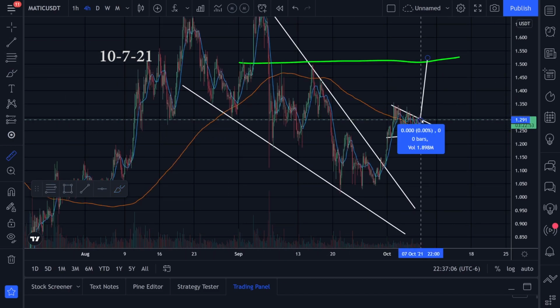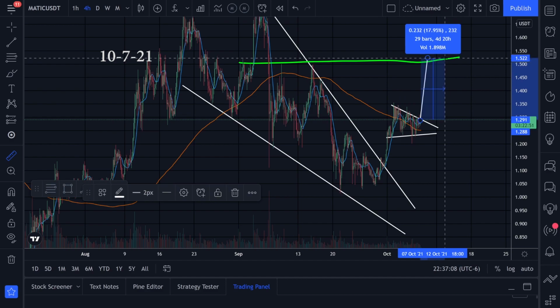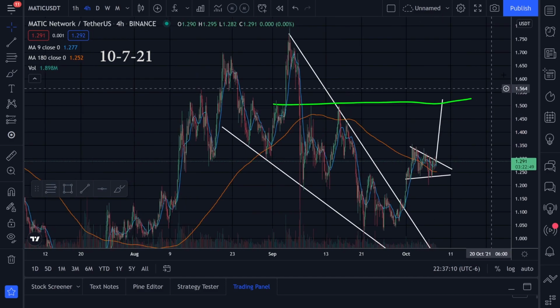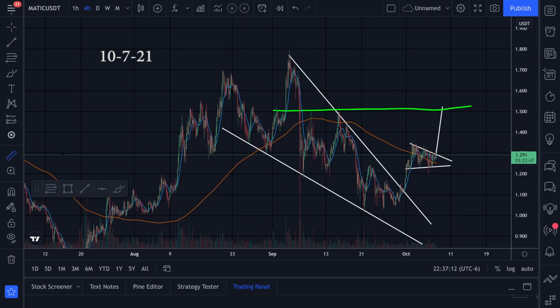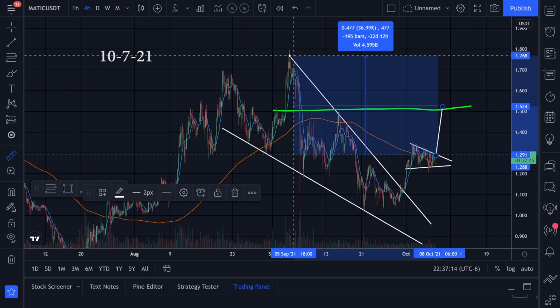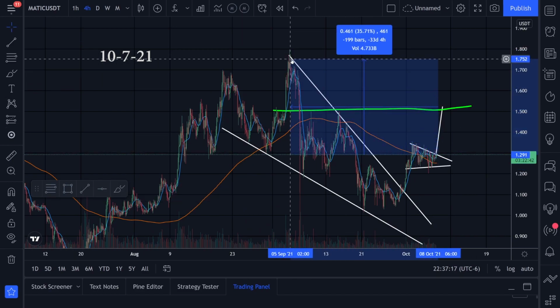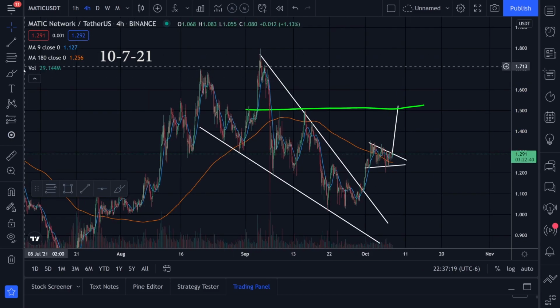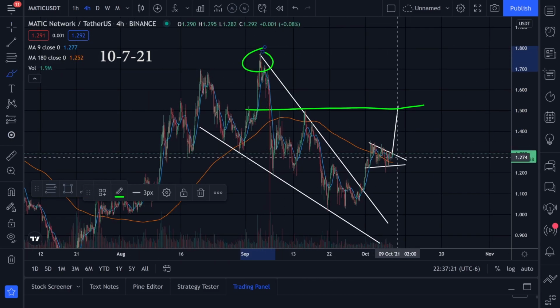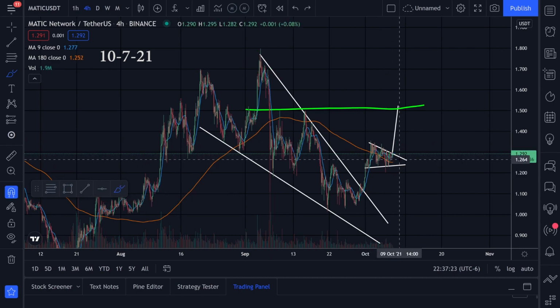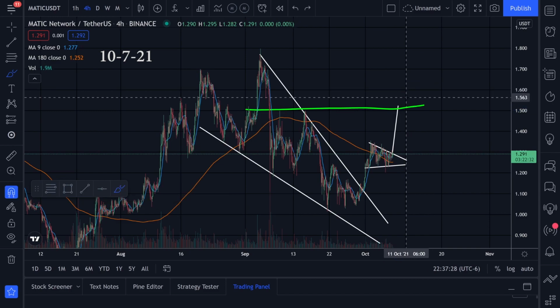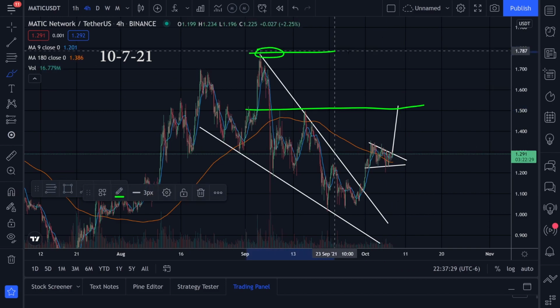From here to the next target is still a good 17-18%, something like that approximately. And from here to the previous top is around 35%. So that's pretty good if we could keep going to the upside. Step one is breaking this to the upside right here, and then step two is breaking that to the upside, and then pretty much hitting this target would be step three.